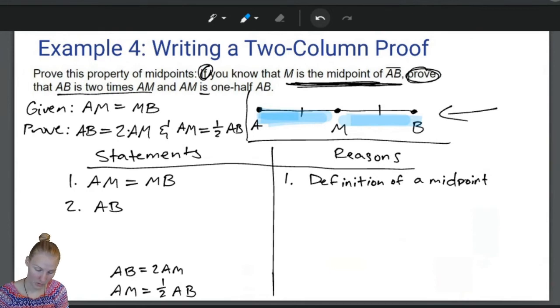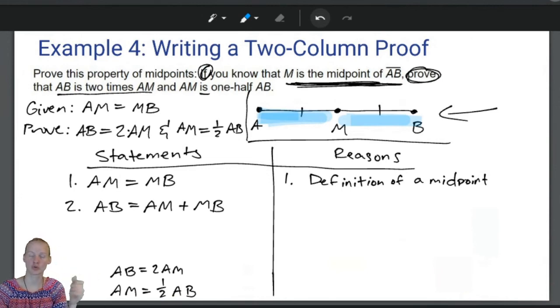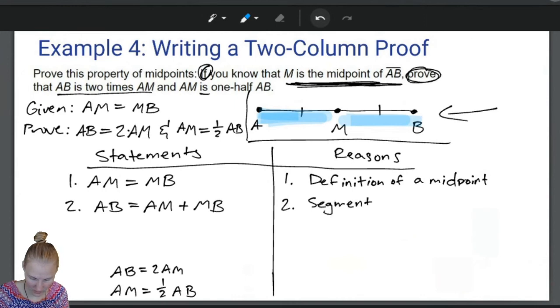Oh, well, I don't know if this is going to help, but one thing that I know about AB is that it is equal to AM plus MB. Right? 2 chunks added together make up the whole chunk. And this is the segment addition postulate.